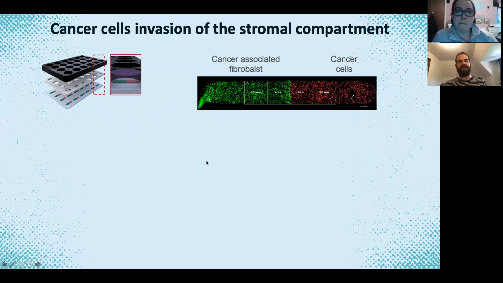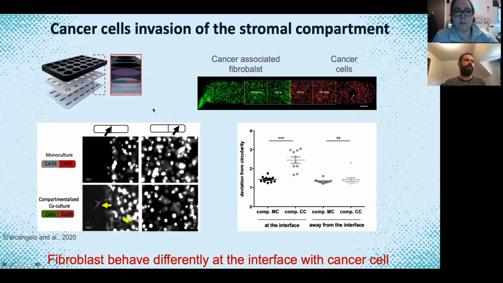By doing that, it's really interesting to look at cell invasion, which is really important for metastasis. Elisa, a previous PhD student, showed, for example, that the stromal cells at the interface region form protrusions. You see that here, and it's not the case far from the interaction zone.